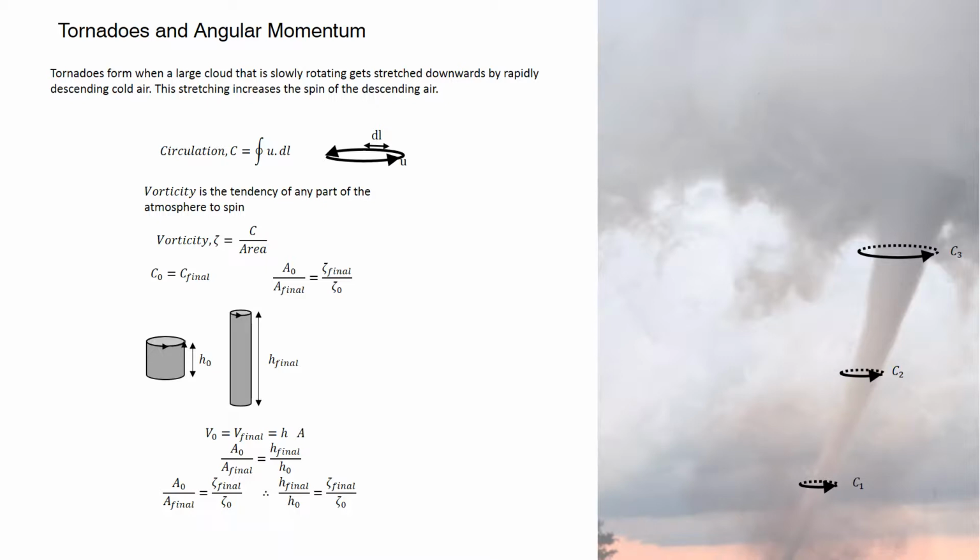That's turning a fat thing into a long, thin thing, which means the area of circulation is getting smaller. So vorticity is circulation divided by area, and if the circulation stays constant, that means the vorticity must go up.